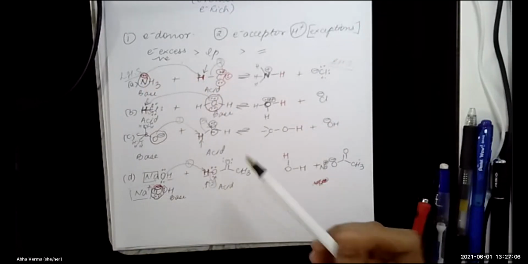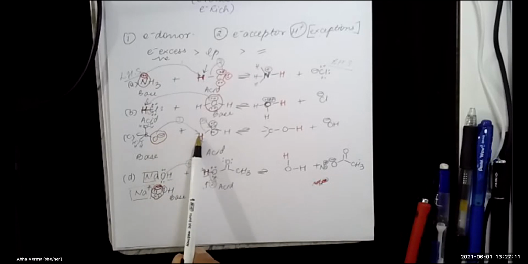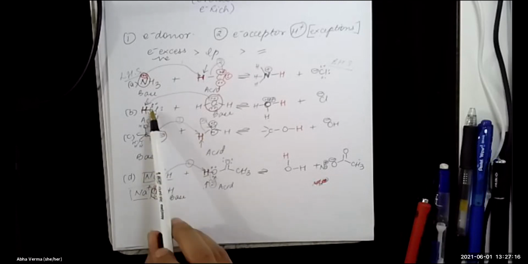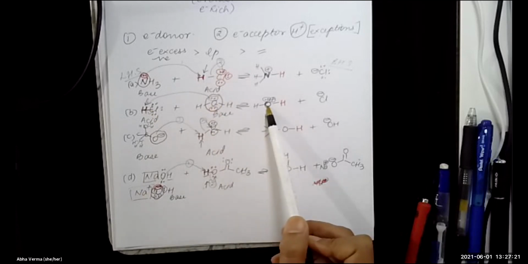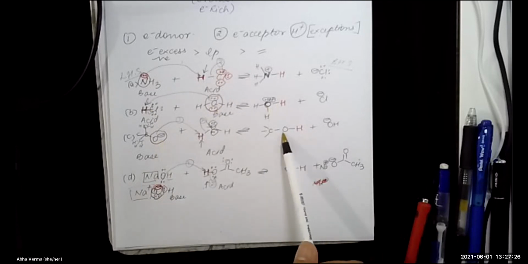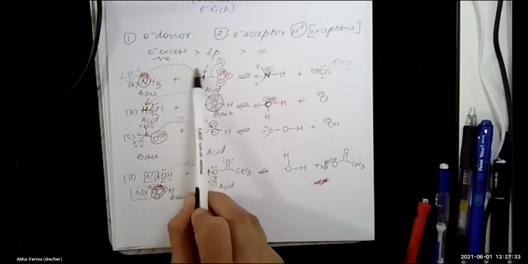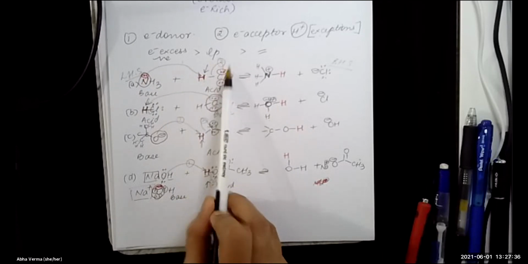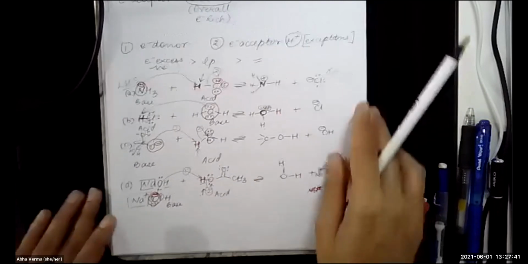So when the attacking electrons make the new bond with hydrogen, the basic atom will no longer have these excess electrons on them. So if it was a neutral atom, it will become a positive. If it was a negatively charged atom, it will then become a neutral atom. So since two electrons are moving, electrons move from here to here, electrons move from here to here, we have to show two arrows. Any questions so far?